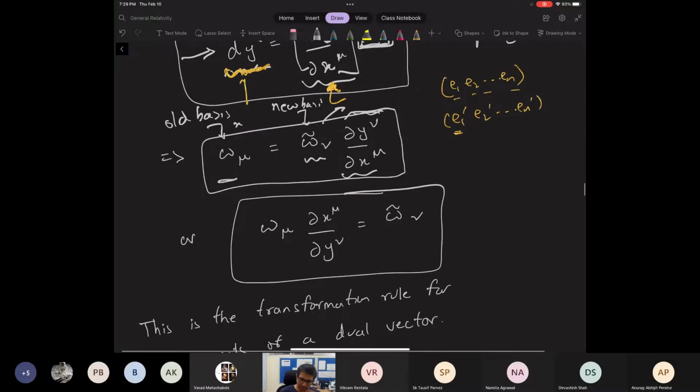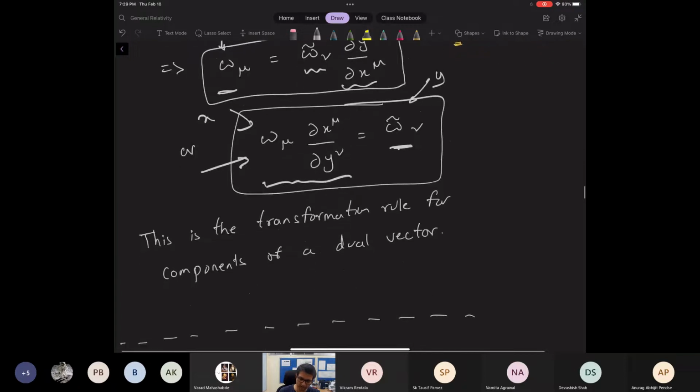Or I could have done the transformation the other way, and written the y basis coefficients in terms of the x basis coefficients. I can just interchange x and y. I can write omega twiddle nu as omega mu partial x mu partial y nu. So this is the transformation rule for components of a dual vector. This transformation rule is different for vectors and for dual vectors. If you recall for vectors, I'll just write it out here.